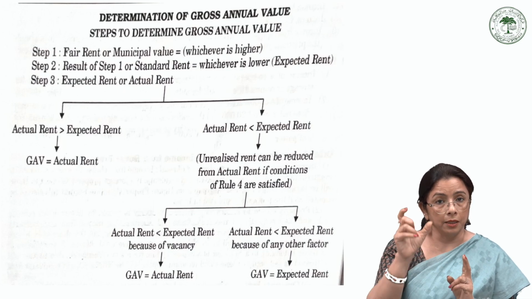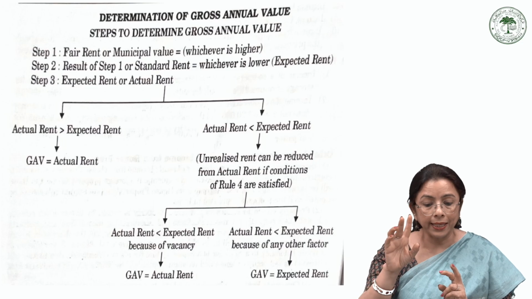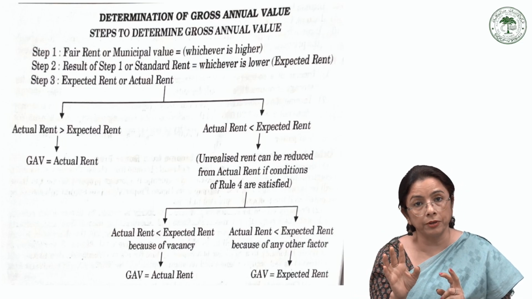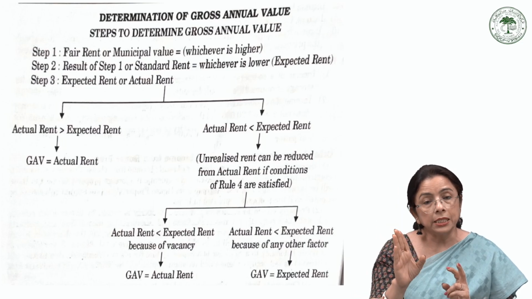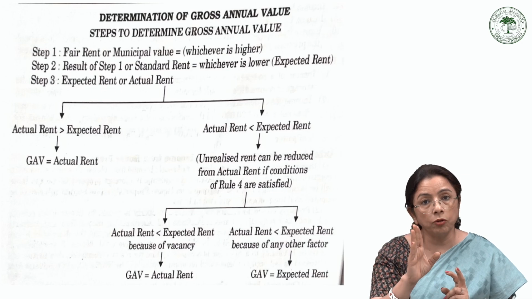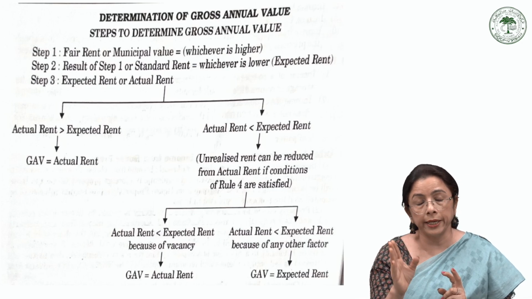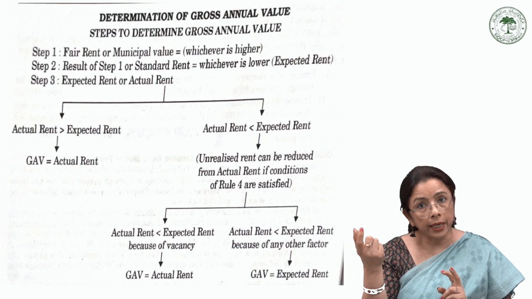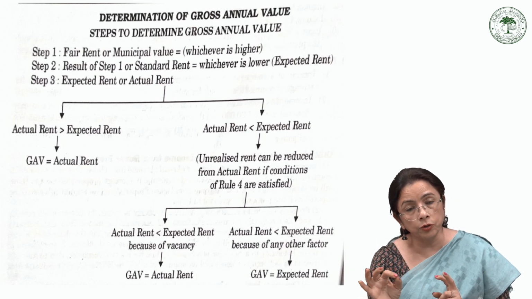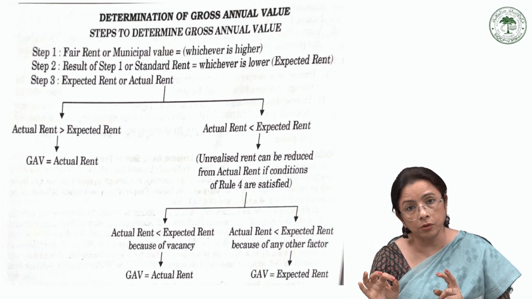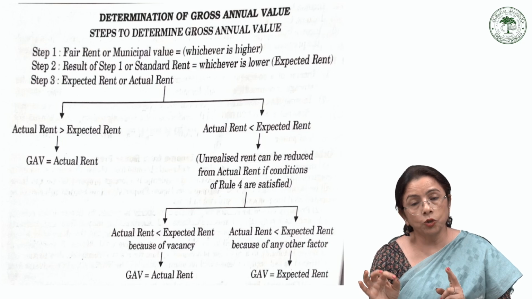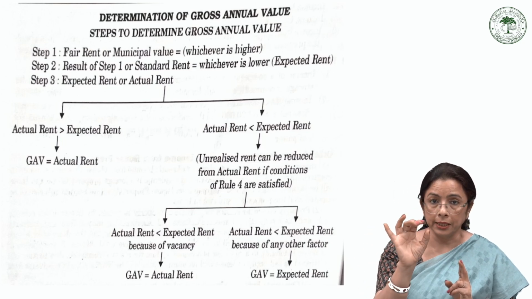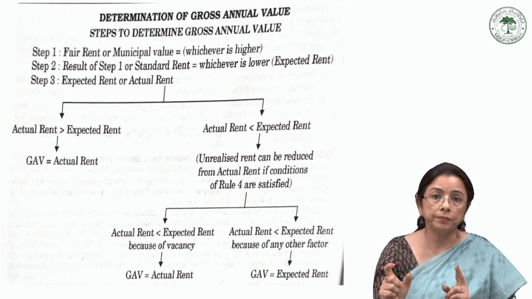Vacancy means unrealized rent and vacancy are two different situations. Vacancy is when you have rented it out, there was a tenant for maybe 8 months, and for the other 4 months nobody took the house on rent.